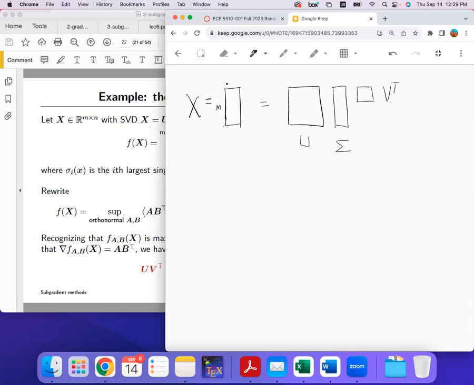So this is M by N, this is M by N, this is M by N, and this is M by N. And sigma is a diagonal matrix, and the diagonal elements are the singular values of this matrix.